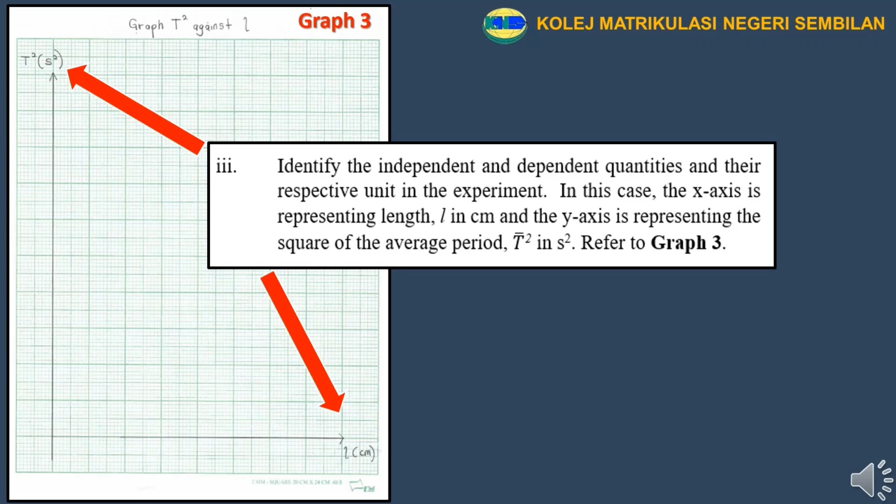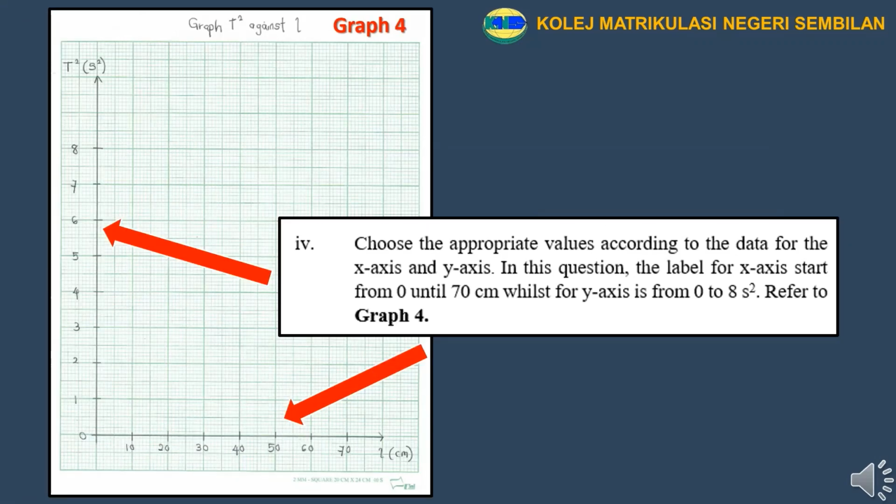Refer to graph 3. Choose the appropriate values according to the data for the x-axis and y-axis. In this question, the label for x-axis starts from 0 until 70 cm, whilst for y-axis, it is from 0 to 8 second square. Refer to graph 4.